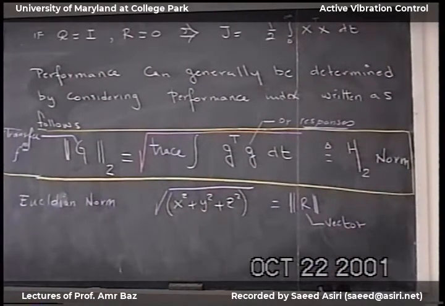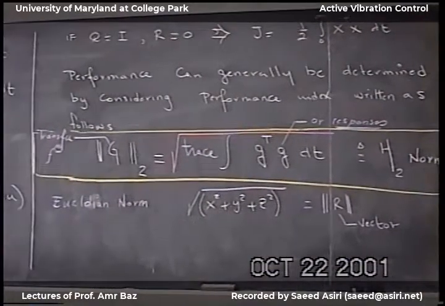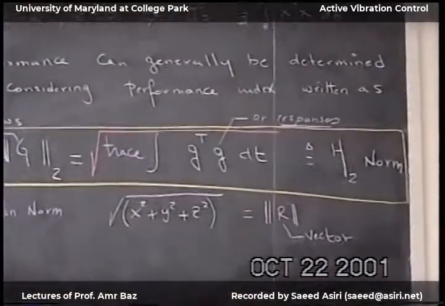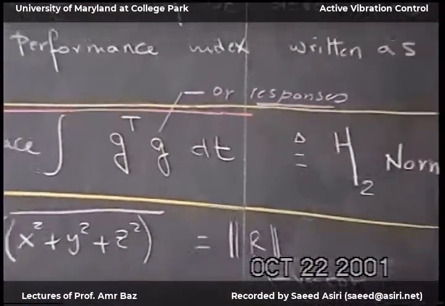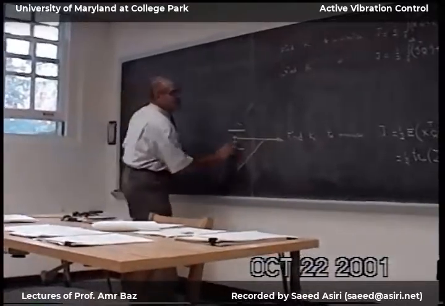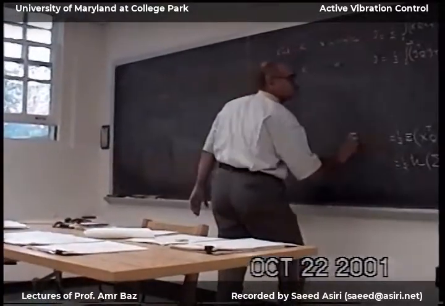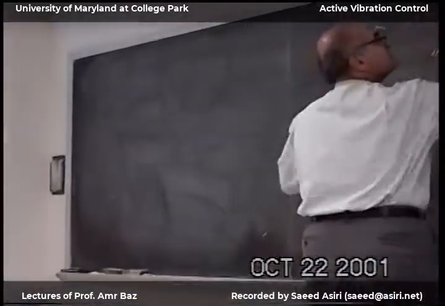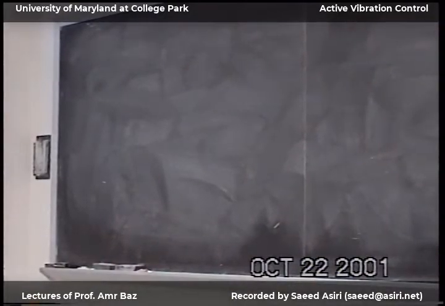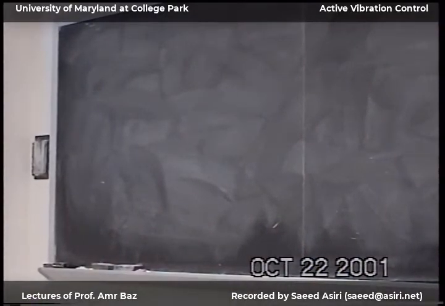Now, let's see how we relate this to this. And all these three controllers belong to this yellow box. And once we finish this, then we will look at another norm or another performance index, which is the H infinity norm.